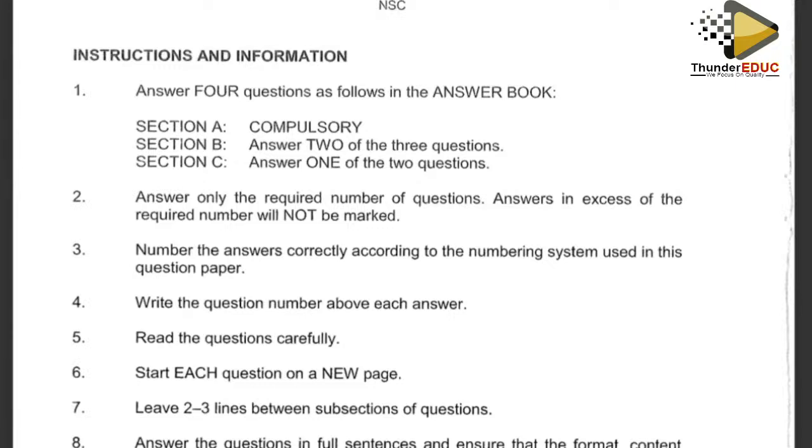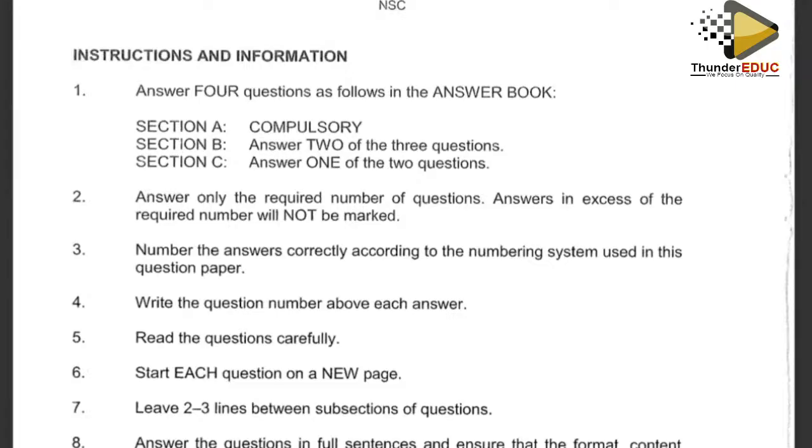Number 4: write the question number above the answer or under each and every answer. Number 5: read the questions carefully. Number 6: start each question on a new page. I know most of you grade 12s have a challenge when it comes to starting a new question on a fresh page.